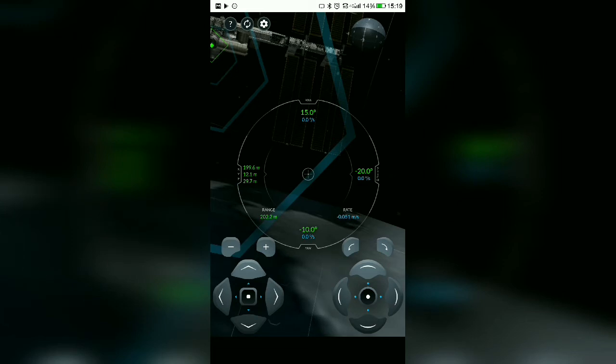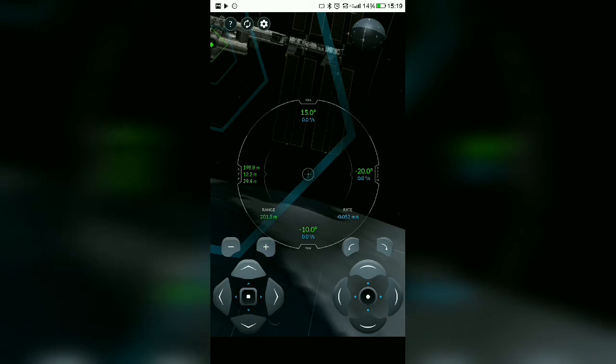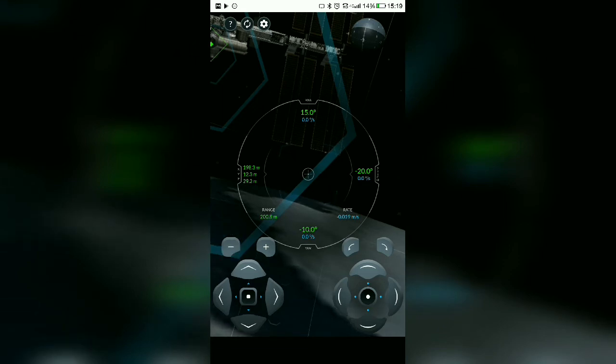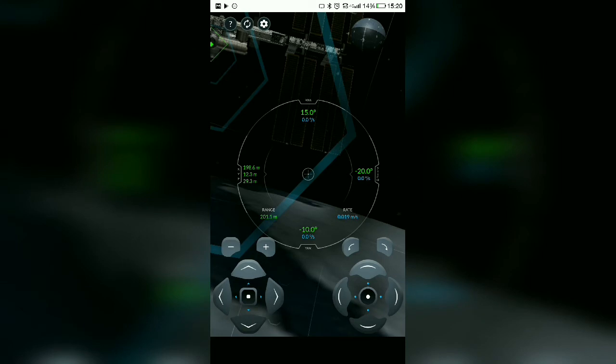Can you see the rate is increasing now? It is moving at a rate of minus 52 meters per second. Minus means we are moving towards the space station, and plus means we are moving away from the space station. If the rate is positive, we are moving away from the space station, and if the rate is negative we are going towards the space station.